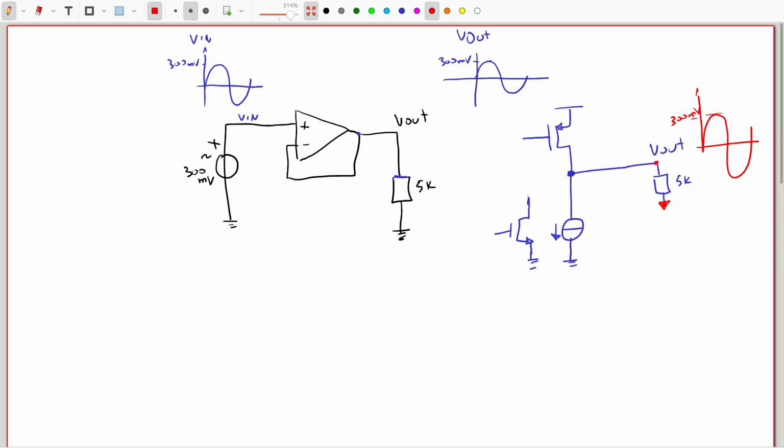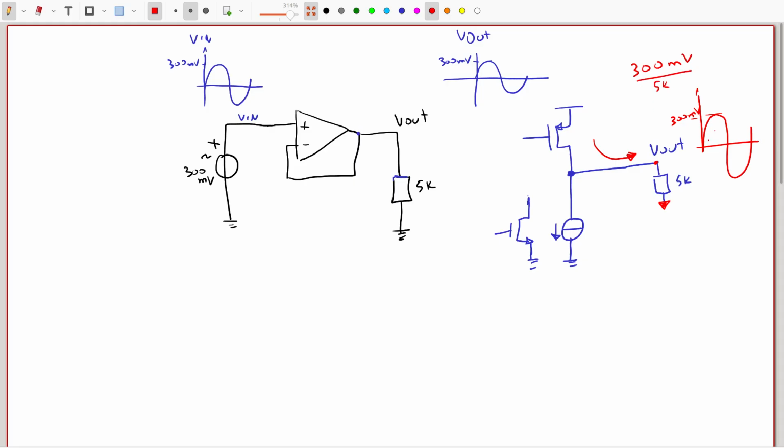The amount of AC current that this resistor will see, at least in this direction, will be 300 millivolts divided by 5 kilo.